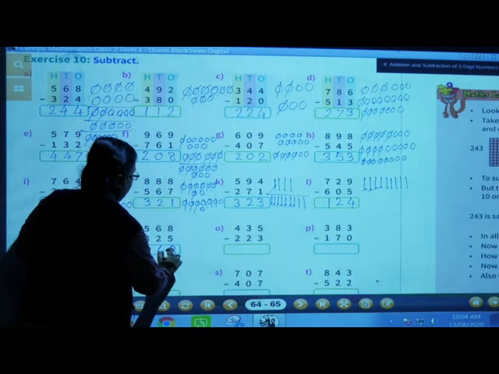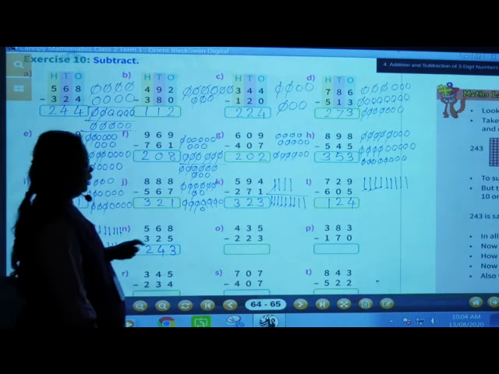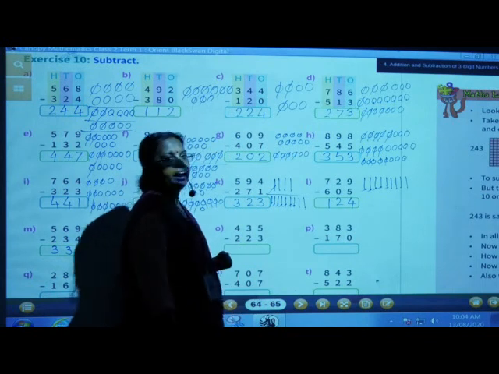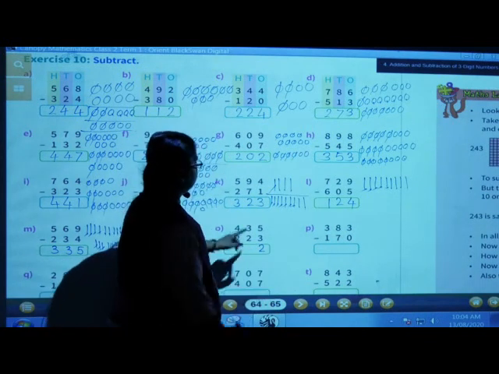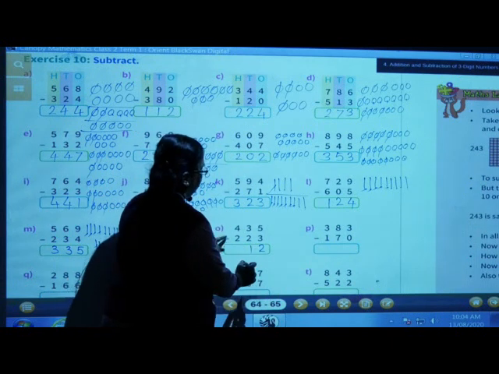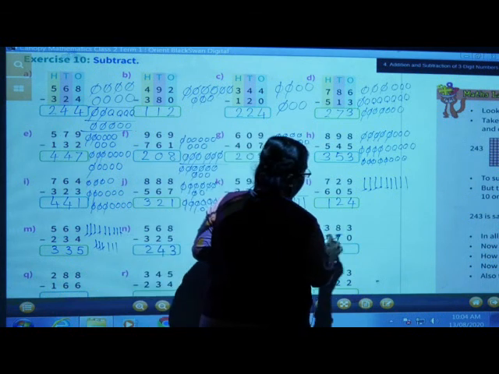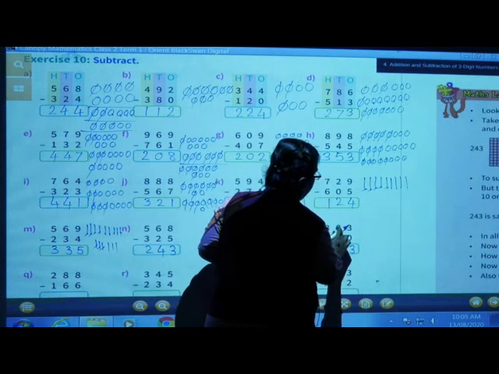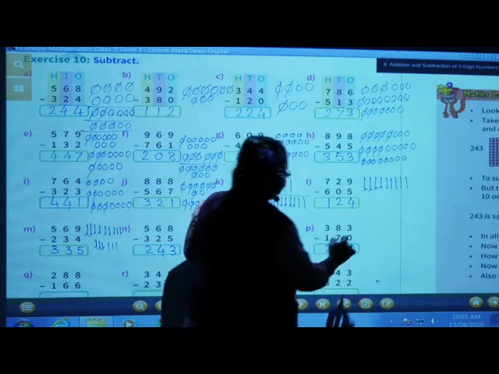Then 5 minus 3 is 2. 3 minus 2, 1. 4 minus 2, 2. Then 3 minus 0, 3. 8 minus 7, 1. 3 minus 1, 2.